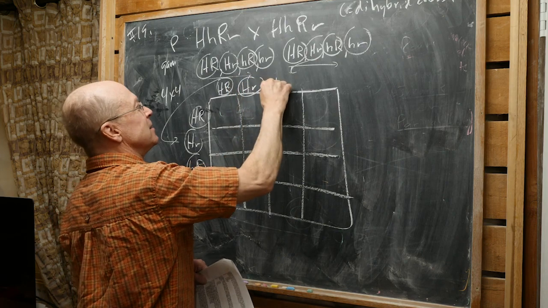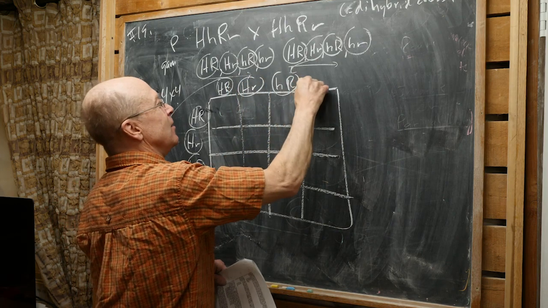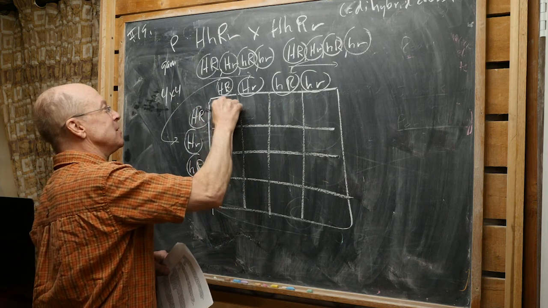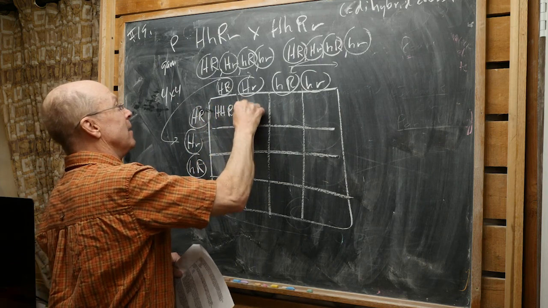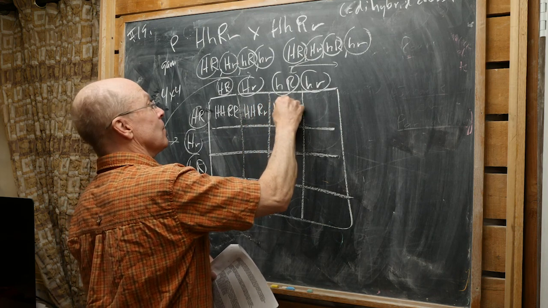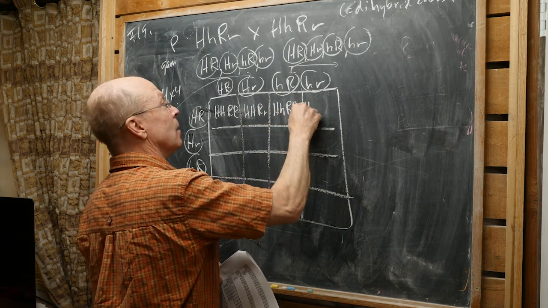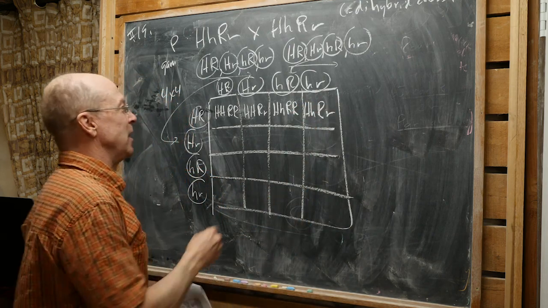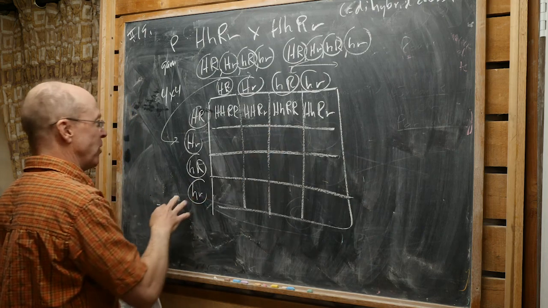So we've got this, and we've got this. So just start filling them out. Big H, big H, big R, big R. It's kind of interesting if you do it this way. You might see this trend.